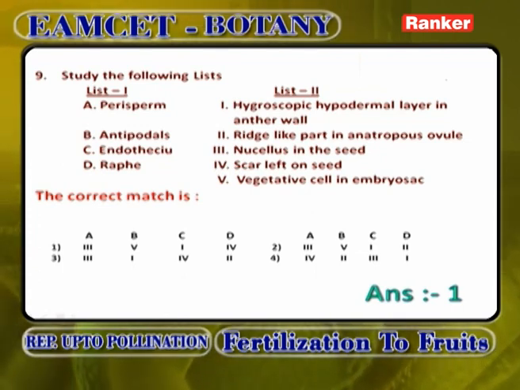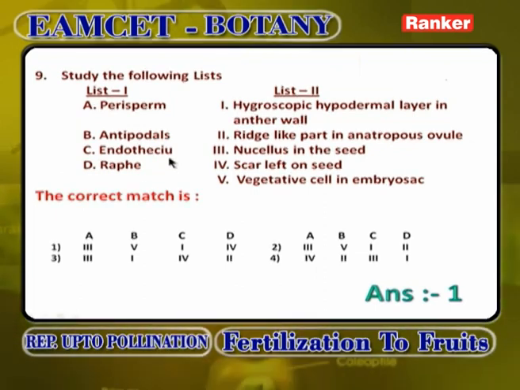Perisperm is always nucellus in the seeds, so A is 3. Antipodals are vegetative cells of embryo sac, B is 5. Endothecium is hygroscopic hypodermal layer of anther wall, C is 1. Raphe is ridge-like portion on the anatropous ovule, D is 2. So the answer is 1. Next.